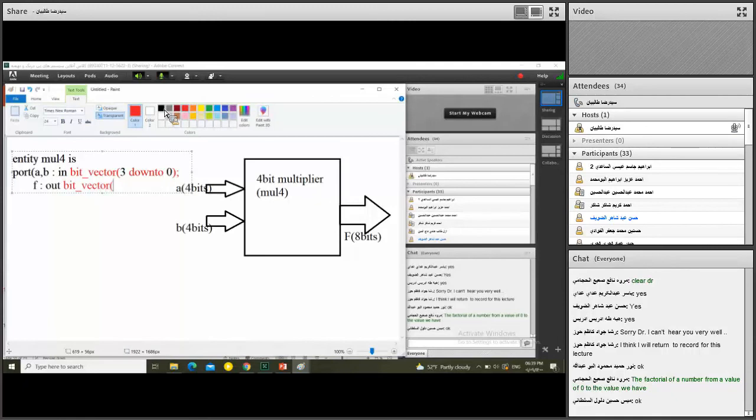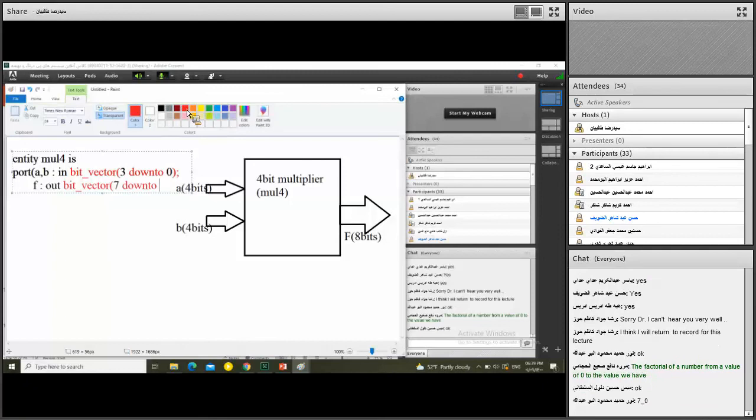From 7, because it is an 8-bit number, down to 0. And end entity, or end mul4.